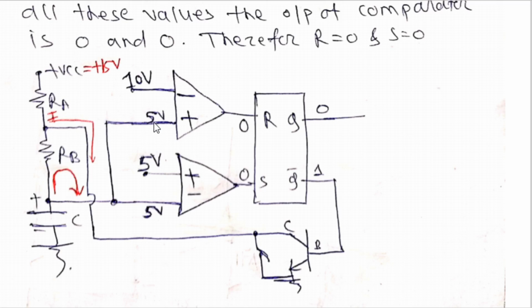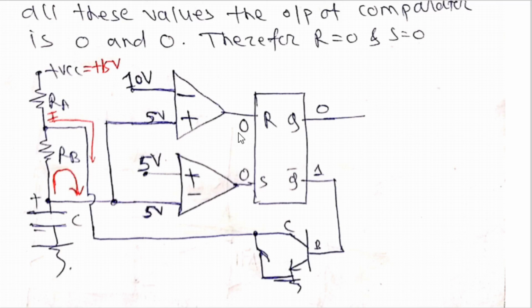It will go below 10.1 volt, then 9 volt, then 8 volt, then 7 volt, then 6 volt, and then 5 volt. But the moment it goes below 10.1 volt, you know that this output will become 0. Very simple, because 10 volt, and when it is below 10 volt, say 9.9 volt, this voltage is higher at the negative terminal. Therefore, this will go to 0.